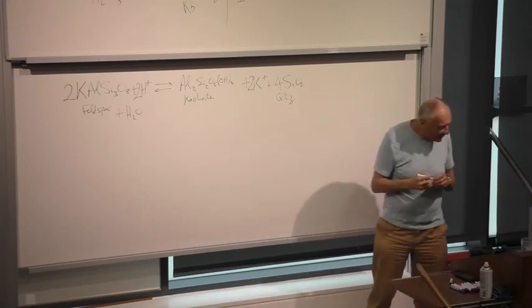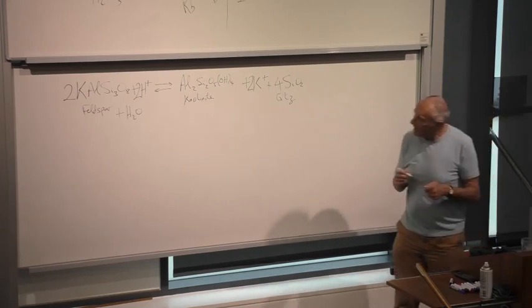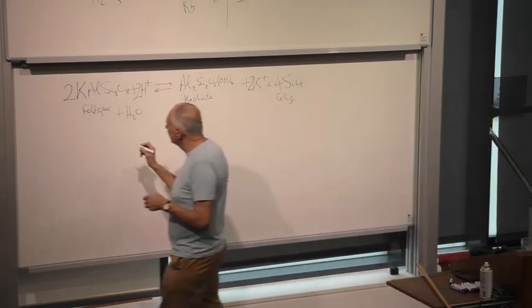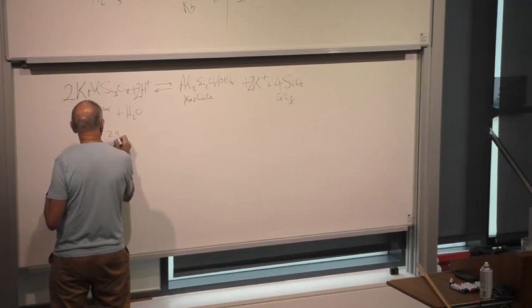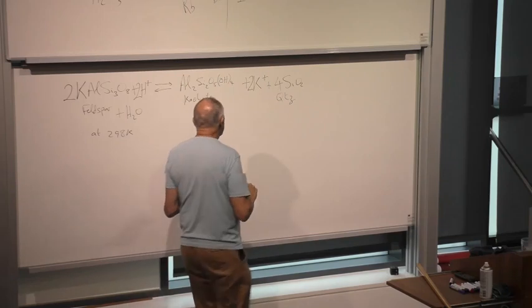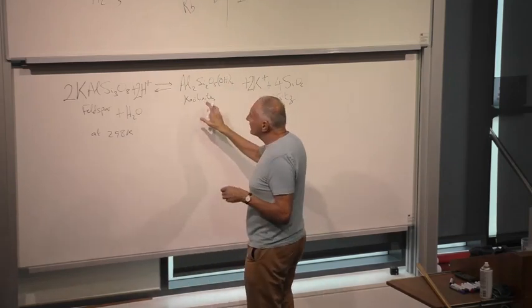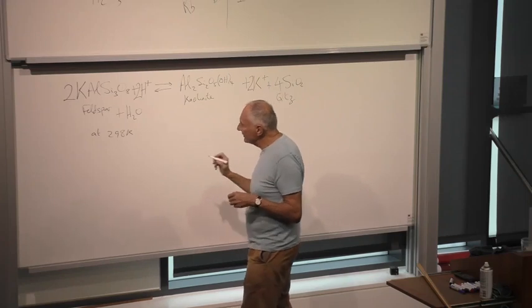So for this reaction, the standard state free energy change at 298 degrees K, we take the standard states of feldspar and kaolinite to be the pure minerals.